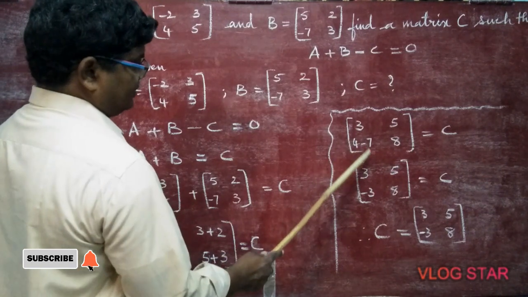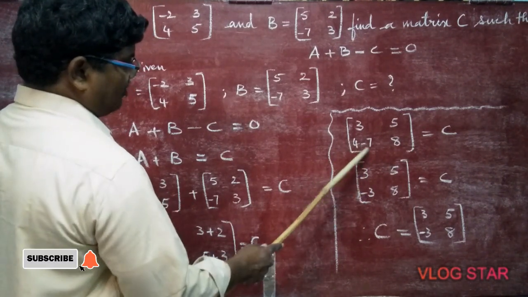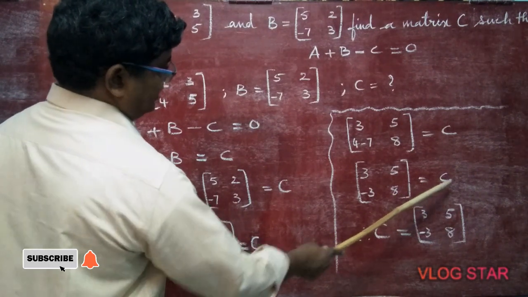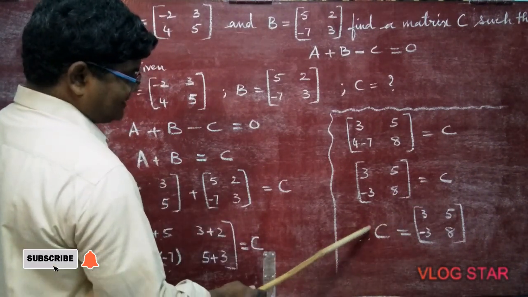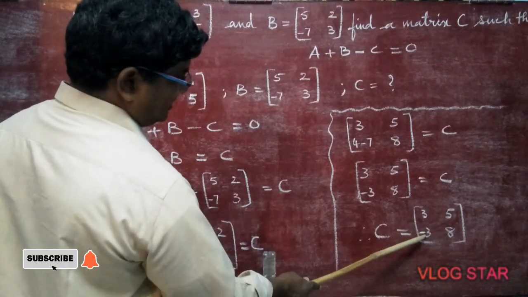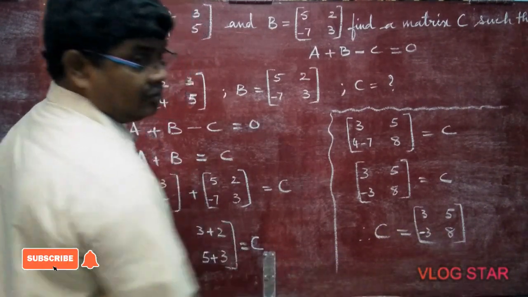Still simplify. [3, 5; -3, 8] is equal to C. Now we got matrix C. C is equal to [3, 5; -3, 8], a 2 by 2 matrix.